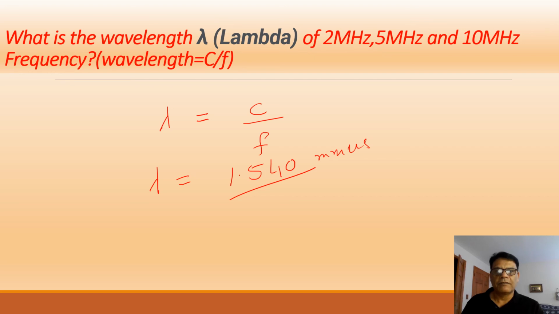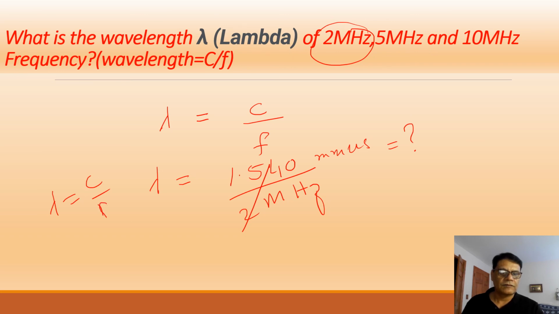So put 2 megahertz value of frequency and divide it, and you will get the answer. Similarly, for 5 megahertz, you will use the same formula, and speed of sound is known, and divide it by the 5 megahertz frequency, and you will get your answer. So it's very simple.